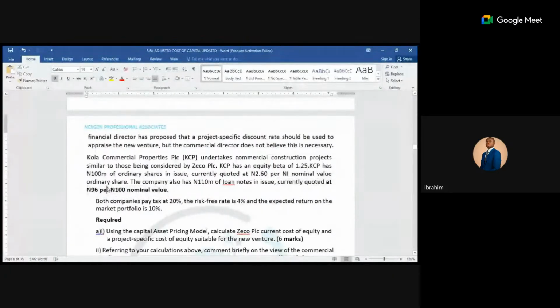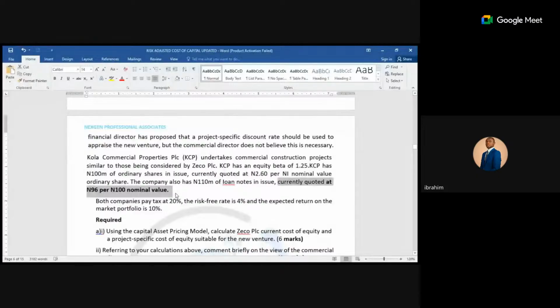Class, meaning that the sources of finance for the proxy company here, you have ordinary shares, you have the quoted price, which is the market price, and the nominal value. Now you have the debt, with the current market price quoted at 96, with the nominal value of what?